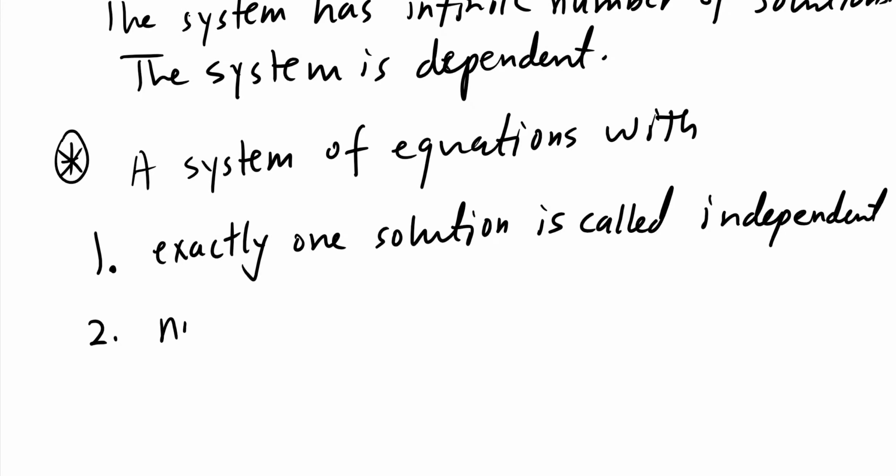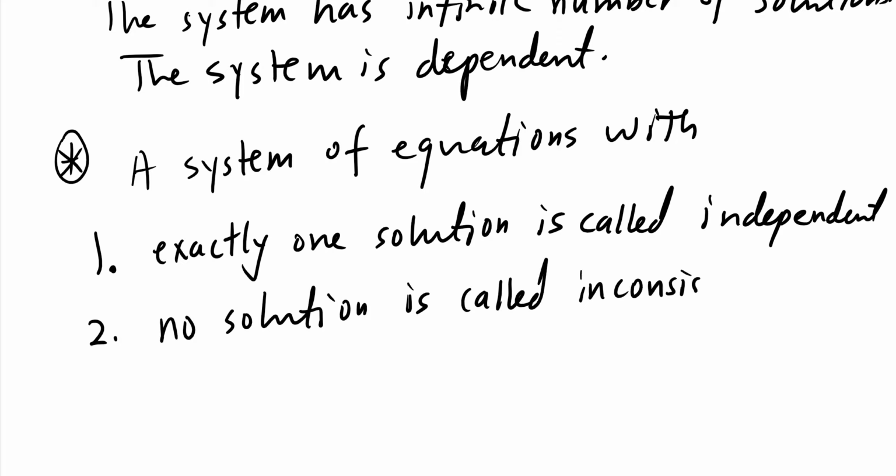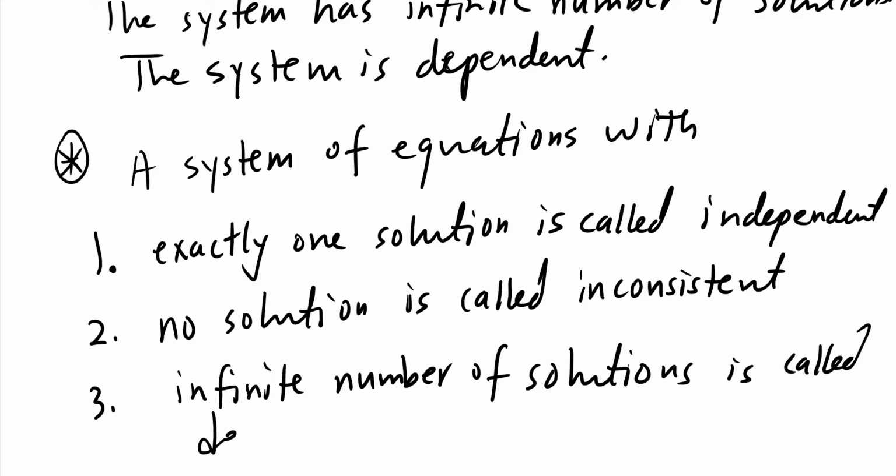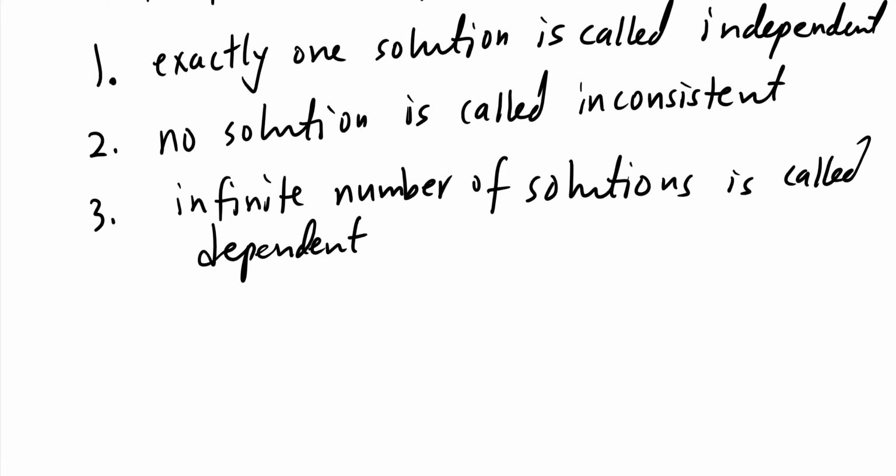If it has no solution, it's called inconsistent. If it has an infinite number of solutions, it's called dependent.